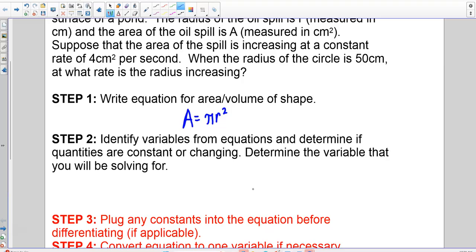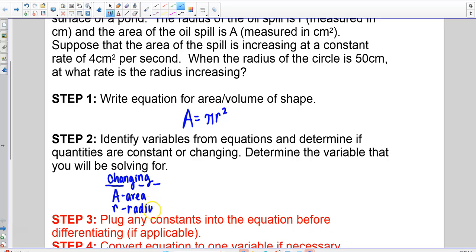No, as I poured water on the floor, both the radius and the area of that circle were changing, right? So, both of those are changing there. So, for variables that are changing, we got A, which is our area, and R, which is our radius.